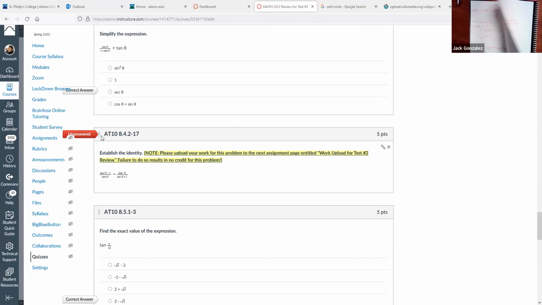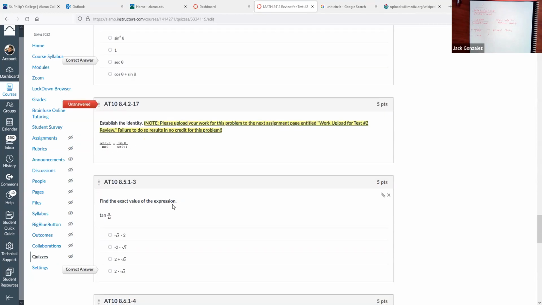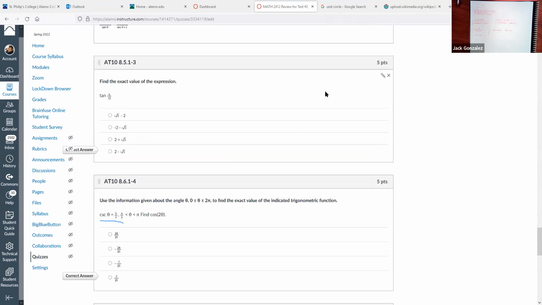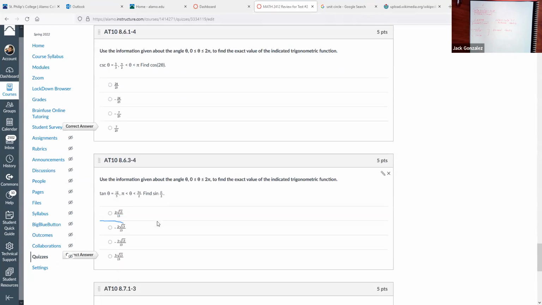Number, what is it? I don't even know what we're on anymore. 15. This is a proof type, so we'll do that in a second. This is just half angle. What else is there? This one might be worth doing.